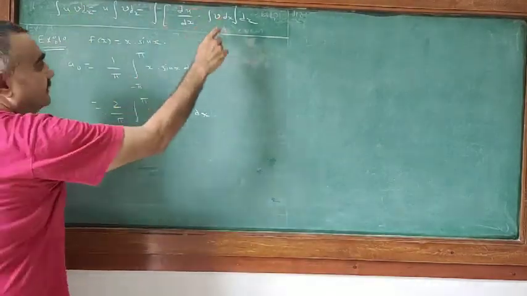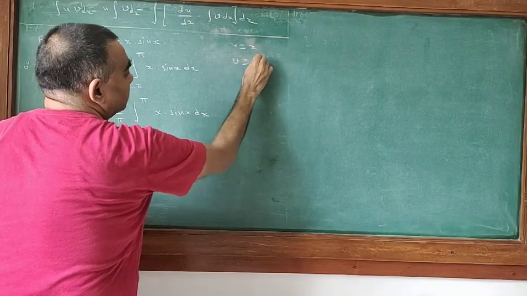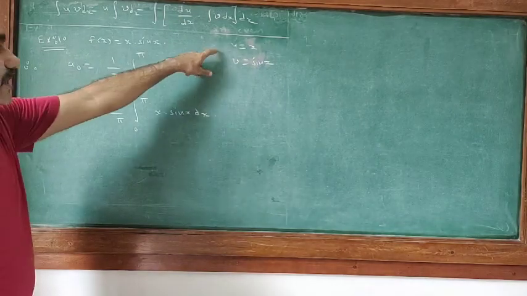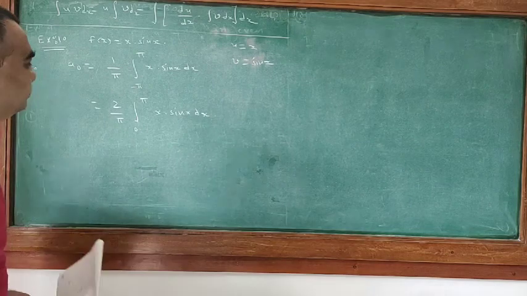Now apply the formula for integration by parts. We have u equal to x, v equal to sin x.